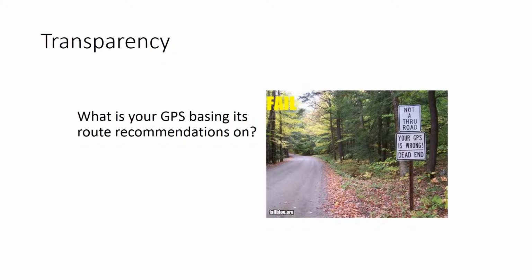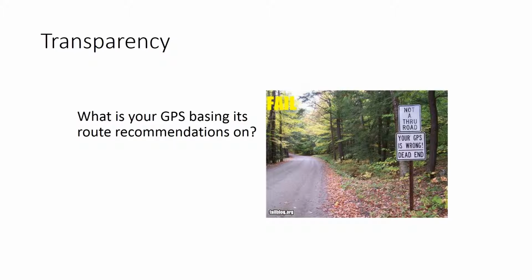And this is just a funny sign that I found online, of course. Is your GPS wrong? It's a dead end. So this is this idea of what the automated system is basing its recommendations on. If it's a decision support tool, how is it coming up with its recommendations? Provide the operator with some transparency so that they know what the automated system is working with.